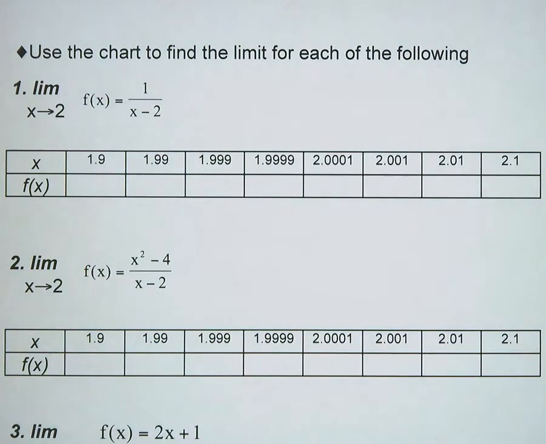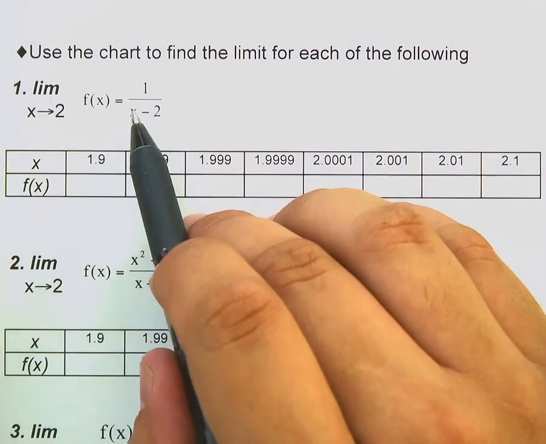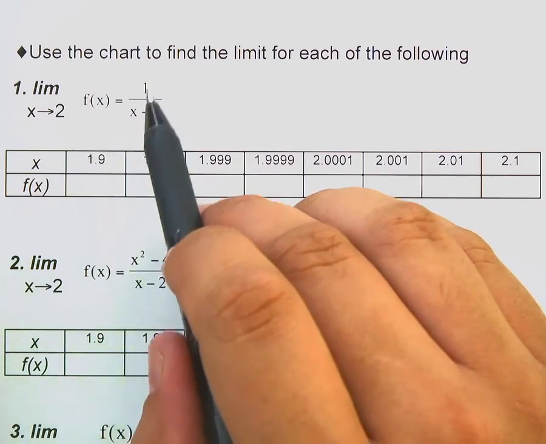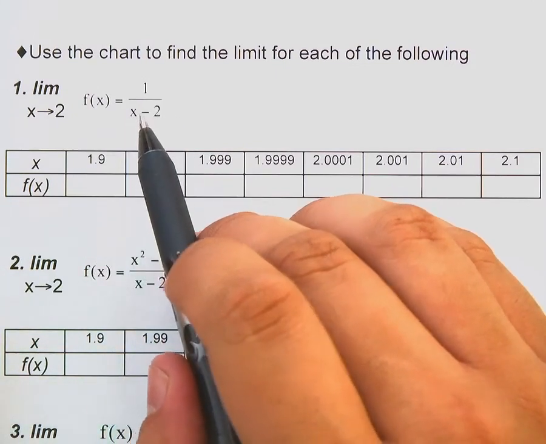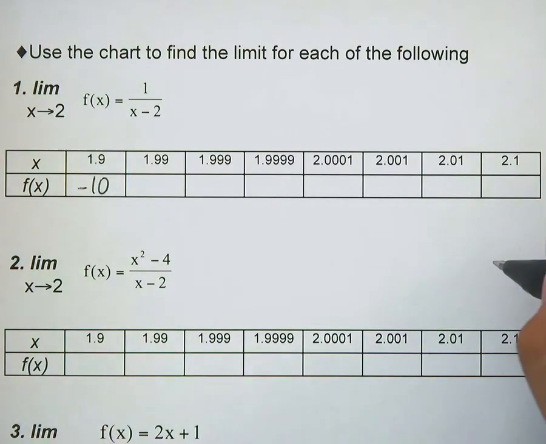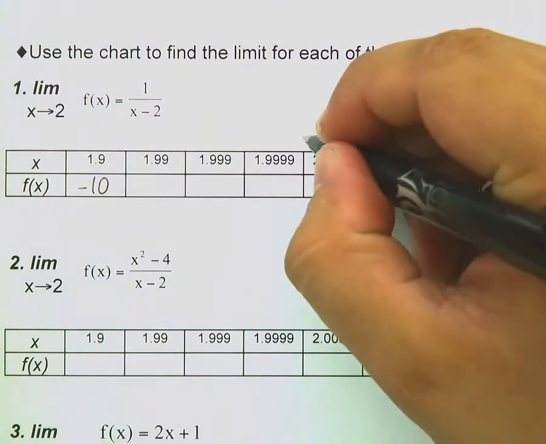So very simple here. We're going to plug in some values. Now I've already done the calculations ahead of time, so I'm just going to plug them in for you here. If you were to plug in 1.9, you get 1 over -0.1, which is -10. Notice that your 2 is right here.